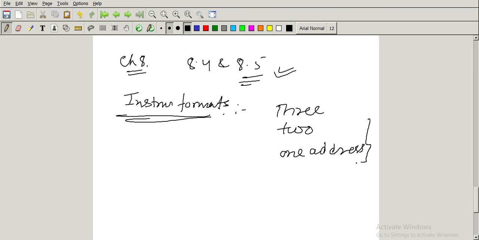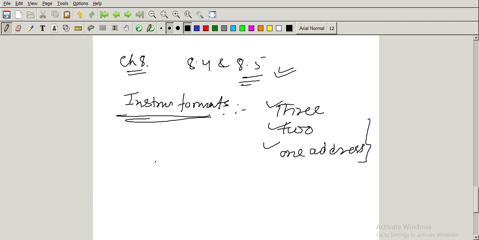The meaning is that in 3 address the operations are done using 3 registers, and here with 2 registers, with 1 register, and one operand is directly variable from any of those stored in computer memory, right? So these are the instruction formats that a basic computer accepts and follows. So you have to differentiate between these 3. So you have to study the definitions and these formats, right?